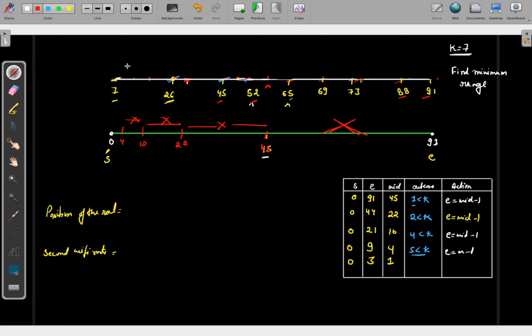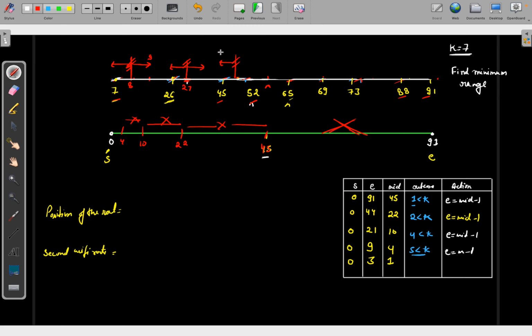One router will be at position 8, right? If the router is at position 8, this house will get the Wi-Fi supply, and the range will be till 9 only. So I will install the next one at 26 plus 1, that will be 27. This house will get the supply, and the supply will be till 29 only. For the next one it will be 45 plus 1.